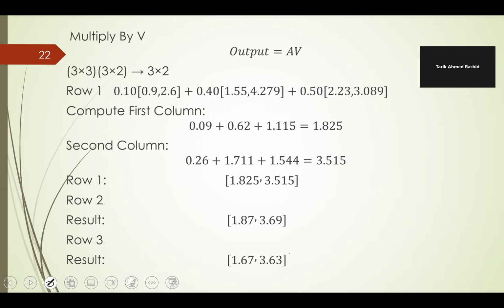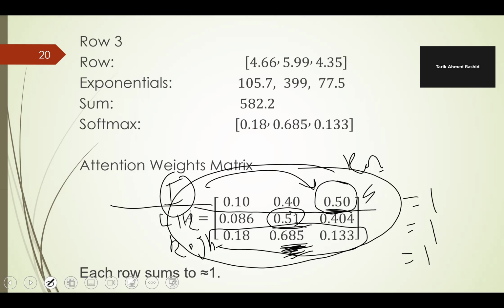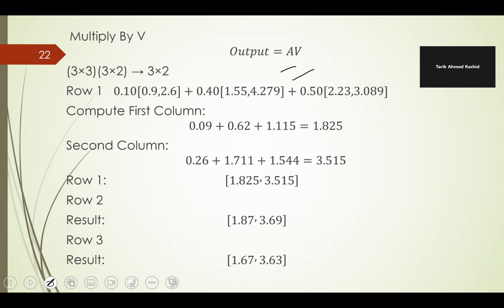Now we need to do A multiplied by V. We have A, and we multiply it by V. This can be done routinely. So 0.1 multiplied by that one, 0.4 multiplied by that one, and 0.5 multiplied by that one. Here is A, and we multiply it by V. This is V, this is V. This is the third cell of A, this is the second cell of the first row, this is the first row, first column cell.